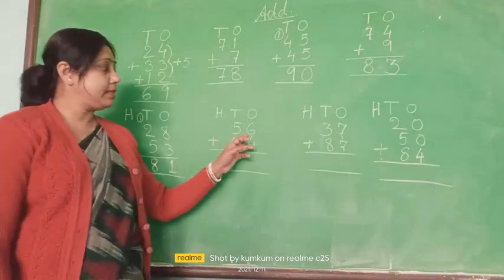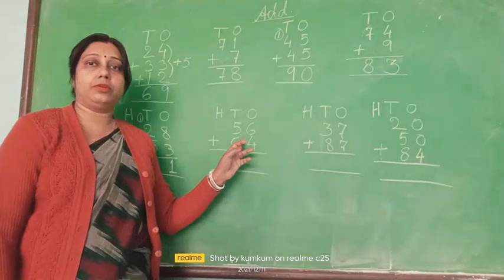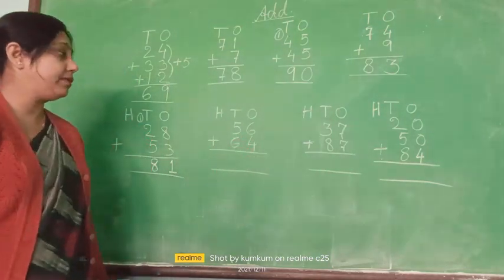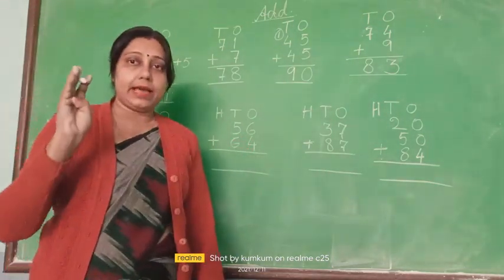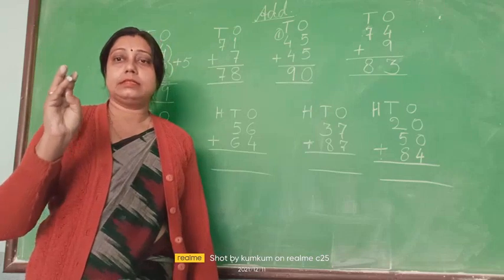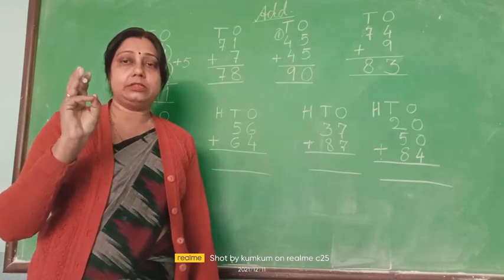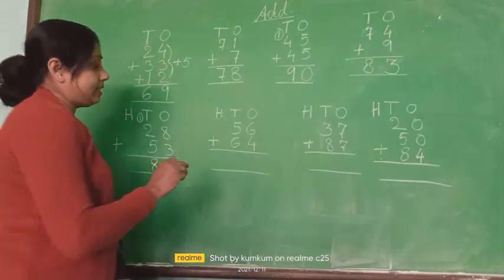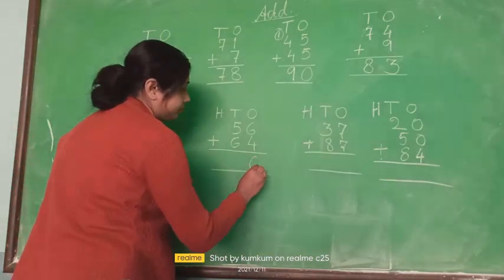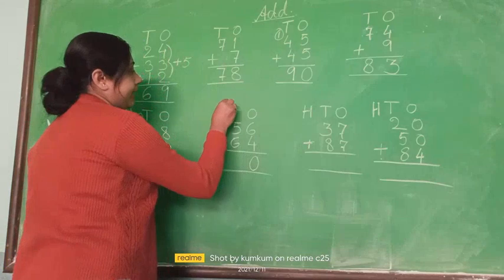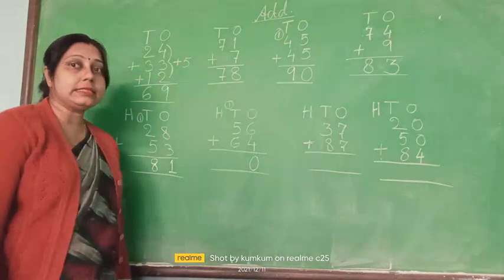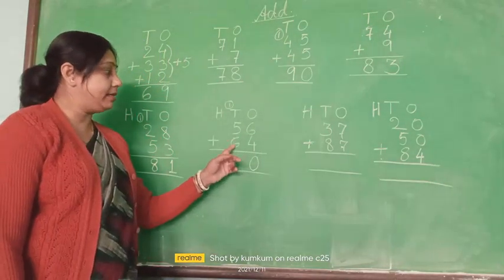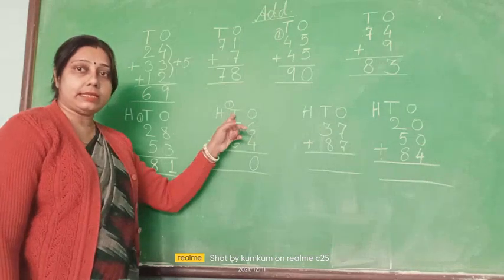Next, 6 plus 4 or 4 plus 6. So after 4 you count 6, 5, 6, 7, 8, 9, 10. So I will write here 10, 0, and 1 will be carried over in the tens house. So you have to add 6 plus 5 and 1 is carried over.